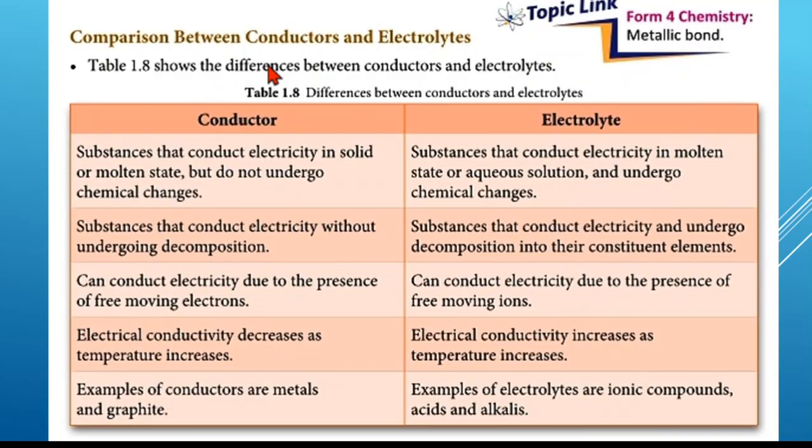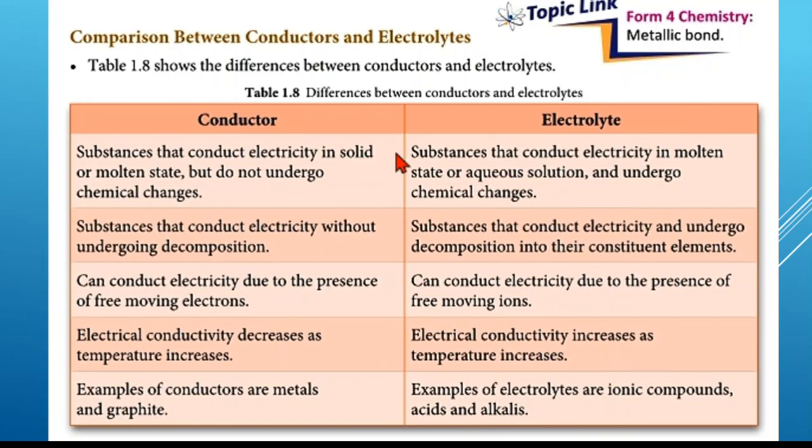Comparison between conductor and electrolytes. Okay, ini adalah beza antara conductor dengan electrolytes. Conductors are substances that conduct electricity in solid or molten state, but do not undergo chemical changes. Ingat, solid or molten state. Electrolyte, substance that conducts electricity also, but in molten state or aqueous solution.